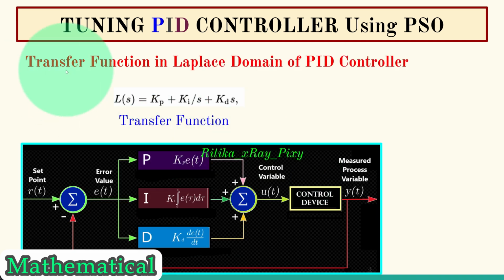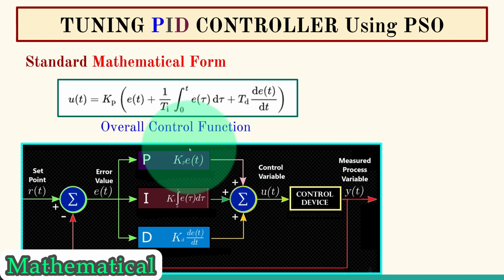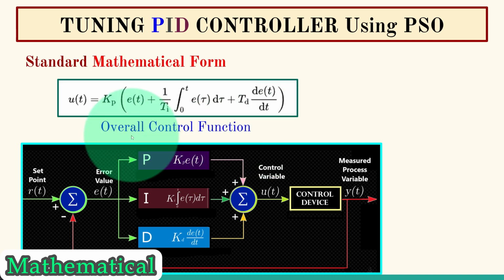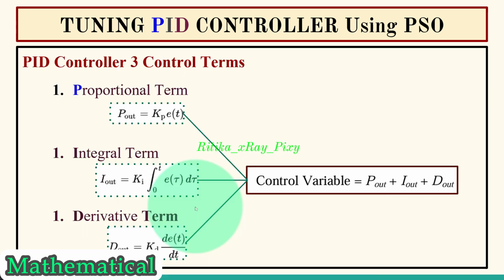Next you can see the transfer function in the Laplace domain of the PID controller. So here you can see this is the transfer function. Next you can see the overall control function. This is the standard mathematical form for the control variable. As you can already see in the diagram, we have the values for P, I and D. Here you can see the output value for the proportional term is calculated using this.